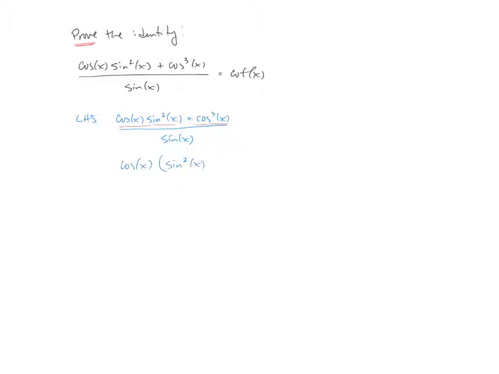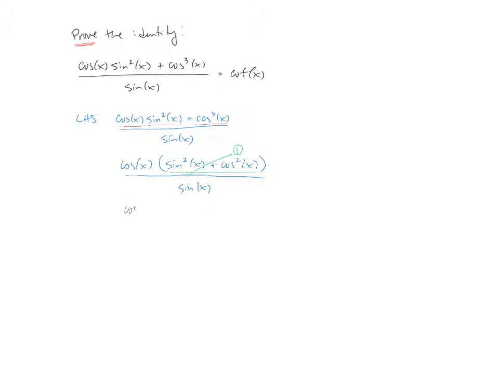When I factor that out, I have left a sine squared plus cosine squared, and that's all over sine of x. I also now can see that sine squared plus cosine squared, that's the fundamental identity, that's equal to 1.